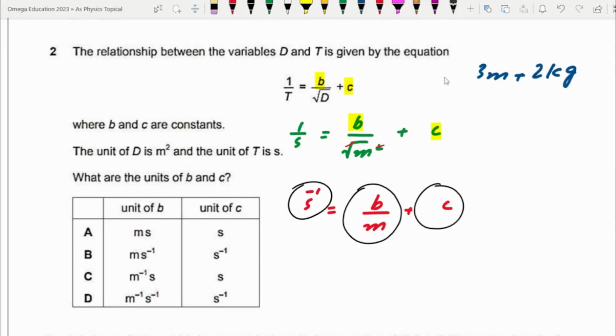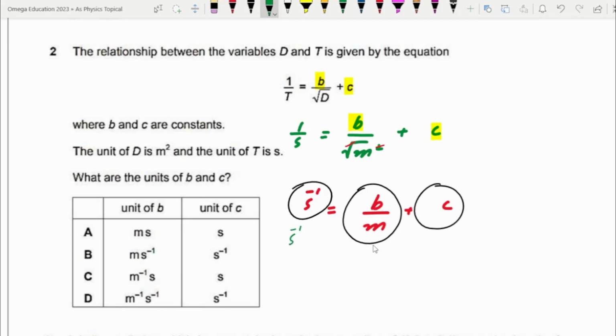So out of these three terms, if we know the unit of any of these terms, we can eventually find the unit of the rest of the terms, because whatever the unit of one of the terms is, for all the remaining terms the unit would be the same. So for the first circle the unit is per second.